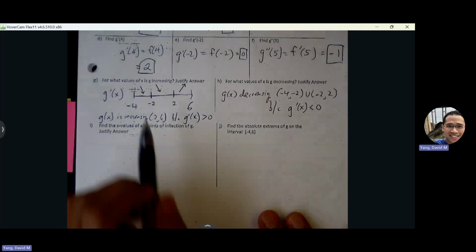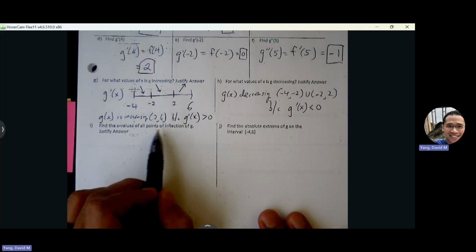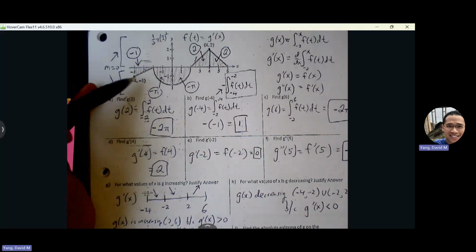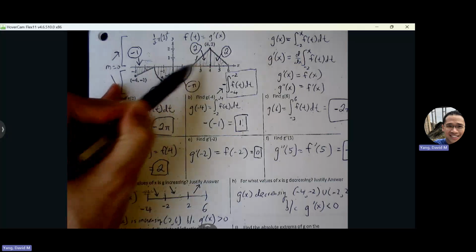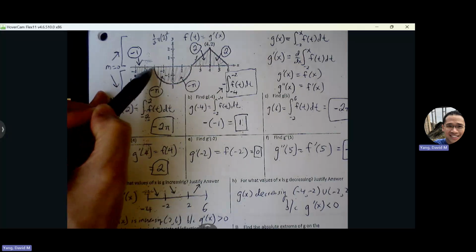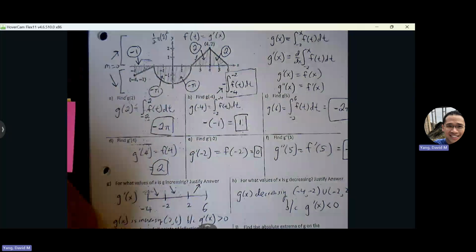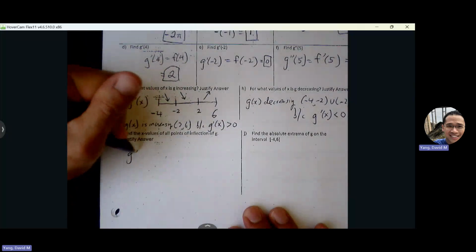Next up, find all values of points of inflection. So we have to create our second derivative sign line. We know the second derivative sign line comes from our peaks and valleys. So I have a relative max, relative min, relative max. So these all can go onto my g double prime sign line.